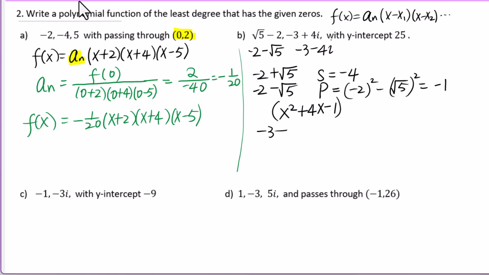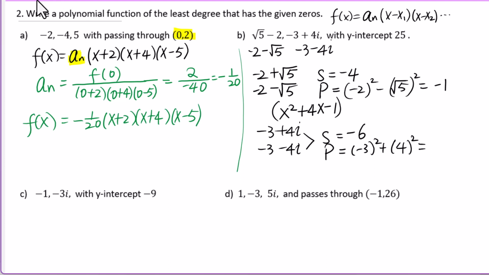For -3 plus 4i and -3 minus 4i, the sum of these two roots equals -6. The product of these two roots is (-3) squared plus 4 squared, which equals 9 plus 16, which equals 25. So we got another factor of this polynomial, x squared plus 6x plus 25.